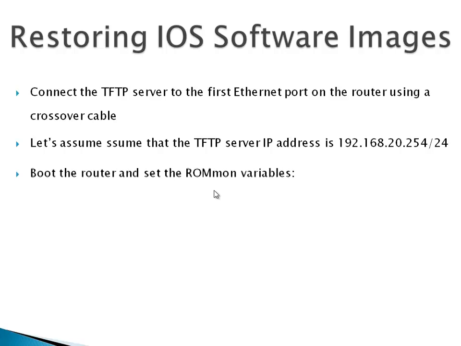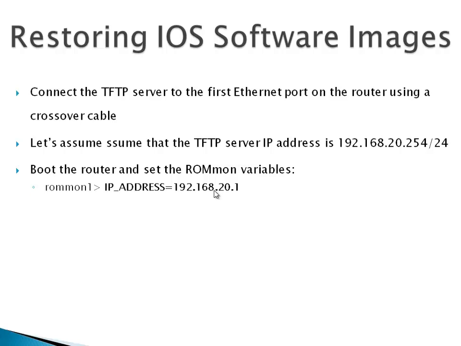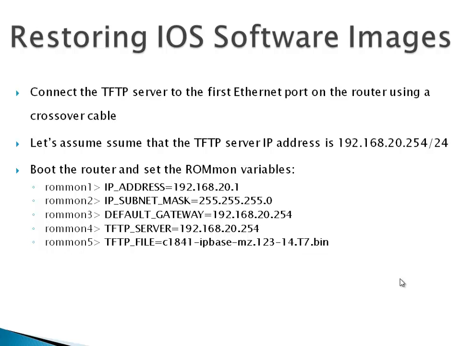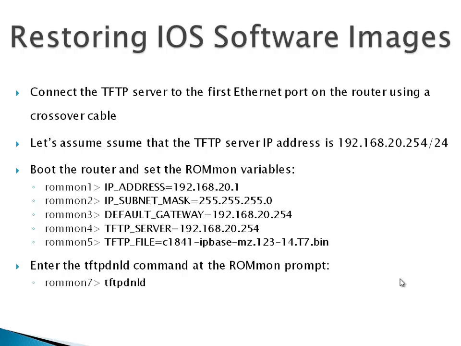Boot the router and set the ROMMON variables. The ROMMON variables are the IP address, then the subnet mask, the default gateway, the TFTP server IP address, and the TFTP file that you want to download. Then enter the TFTP download command at the ROMMON prompt, tftpdnld, and it says, do you wish to continue, yes or no? You have to make sure that you say yes.